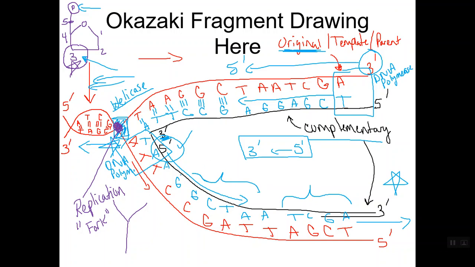These chunks, that are synthesized in chunks, really is the best way to describe it, are called Okazaki fragments. The guy who figured this out was Japanese. His last name was Okazaki. That's why they're called Okazaki fragments. And you only get the Okazaki fragments on one of the two sides, right?